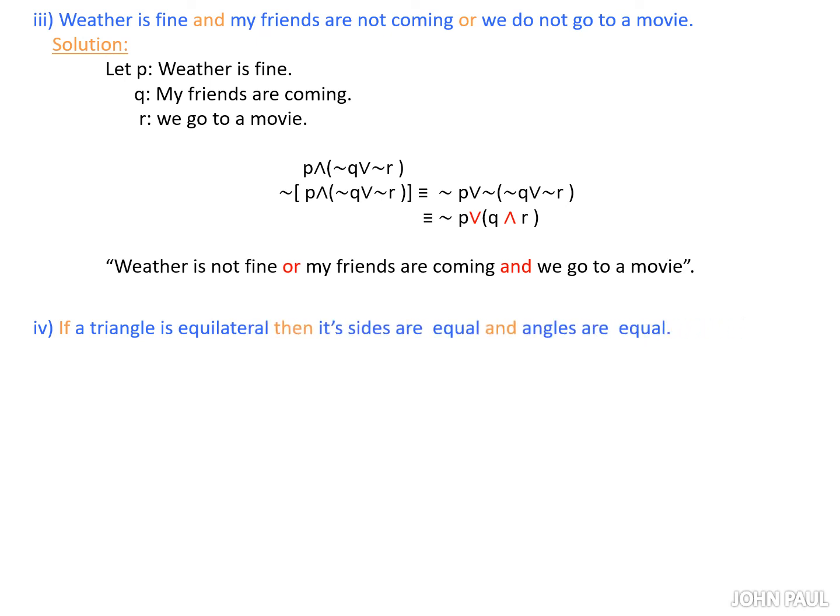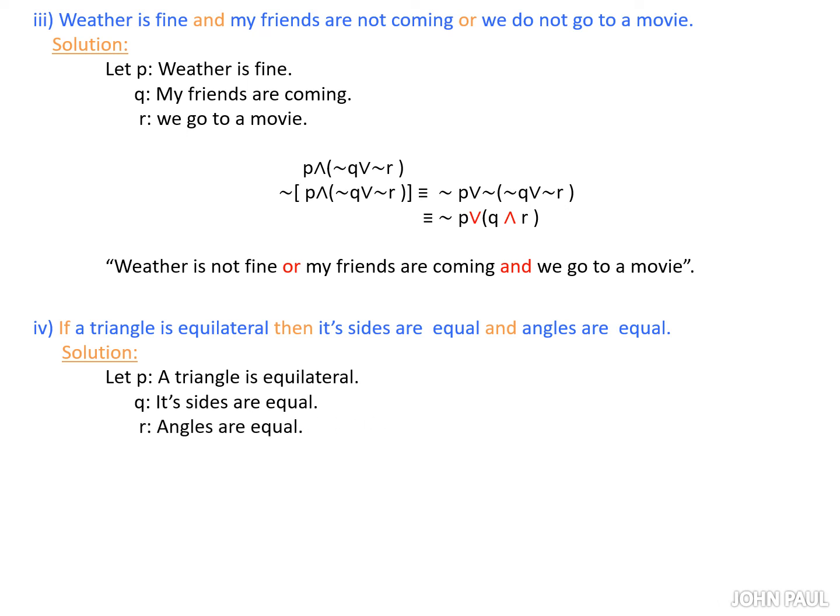Let P, a triangle is equilateral, Q, its sides are equal, angles are equal as R. Now, the given proposition is P conditional Q and R. Write the negation for this. And the negation statement is a triangle is equilateral and its sides are not equal or angles are not equal.